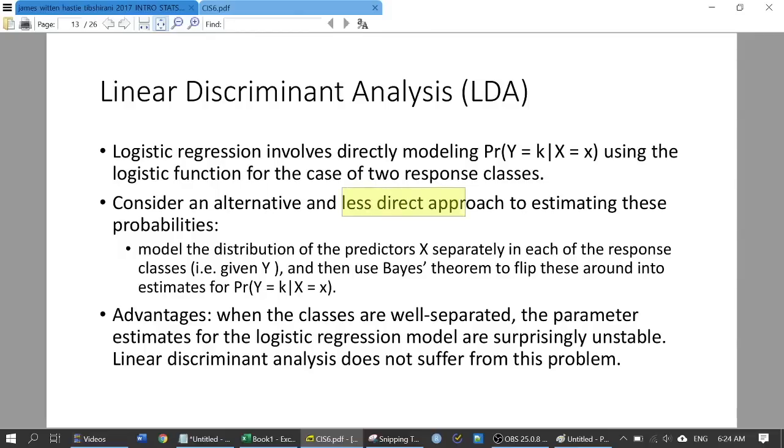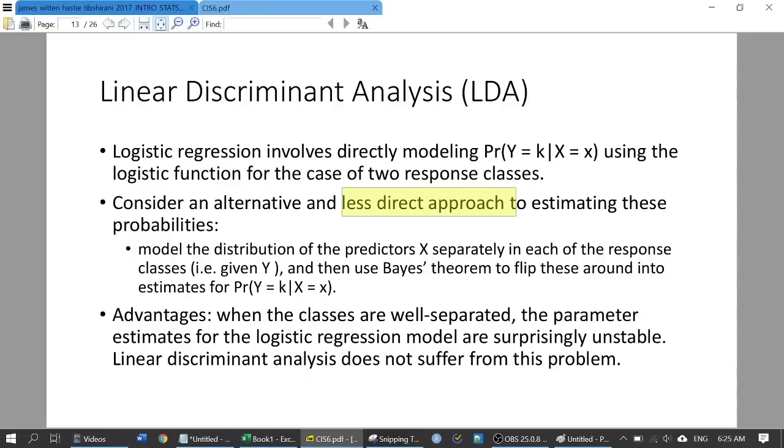In logistic regression, we directly estimate the probability of y based on the value of the x variable. However, for linear discriminant analysis, we will use a less direct approach. What does it mean by less direct approach?